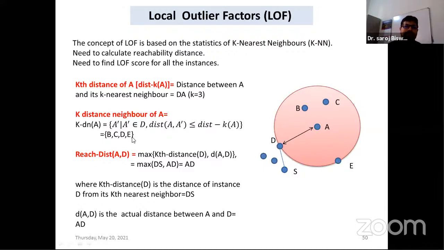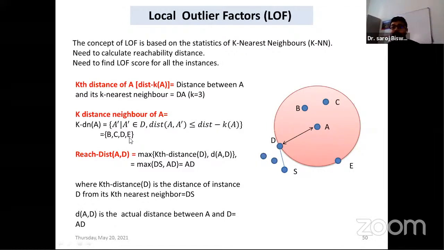So now, because we are interested in finding the set D, D represents the k distance neighbors of A. If you see the k distance neighbors of A, how many do we have? We have 4 observations. Even though we are finding k nearest neighbors where the value of k is 3, here the k distance neighbors are 4.